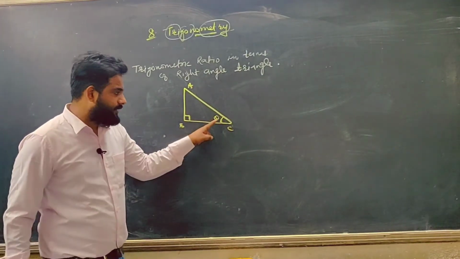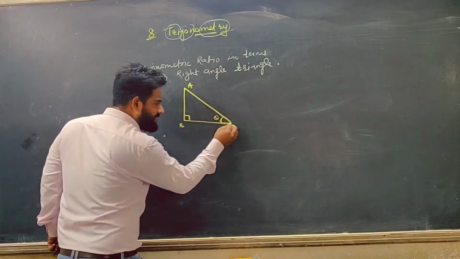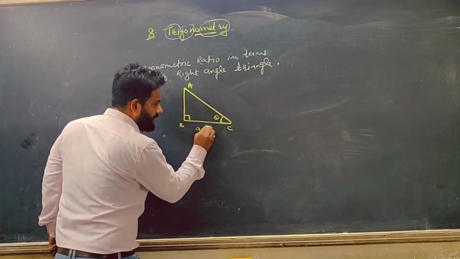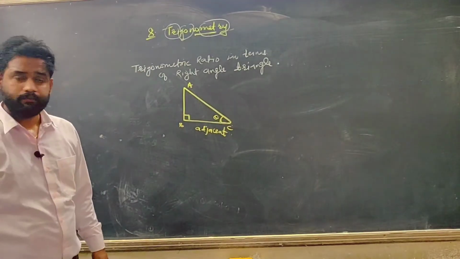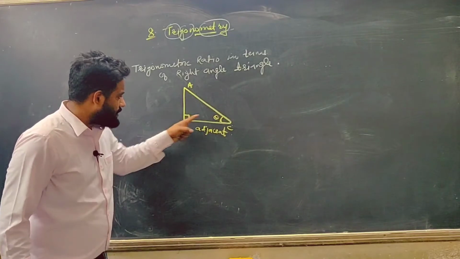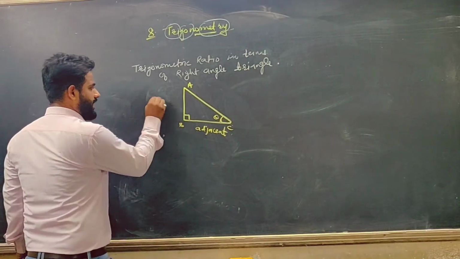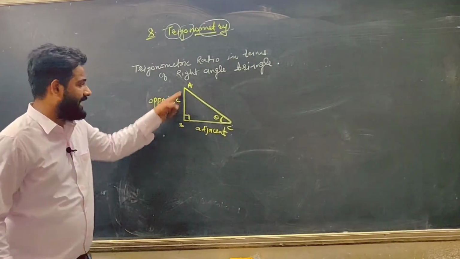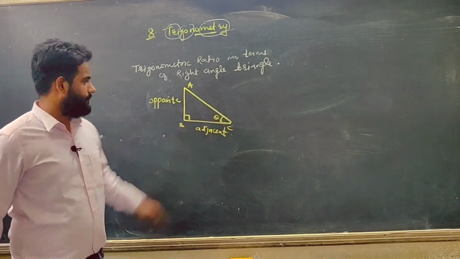Right? Now if I am considering this theta, the side which is just beside your theta is called the adjacent side. Now the side which is opposite to the theta is called the opposite side, right? Because this side is opposite to the angle that I have taken as theta.